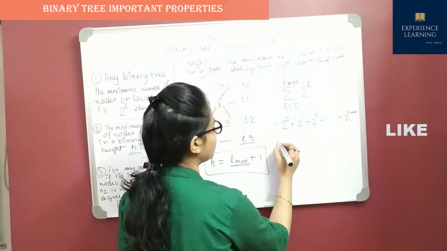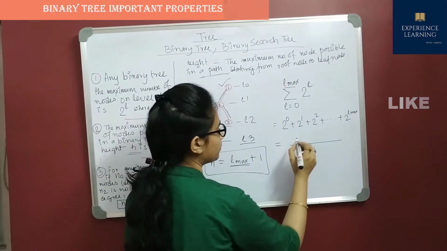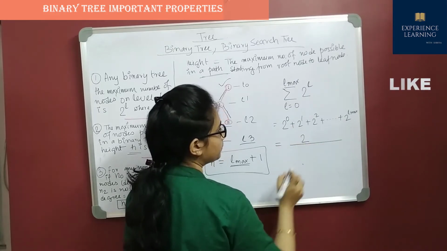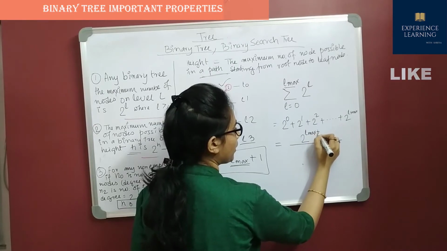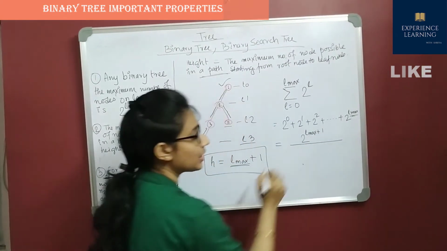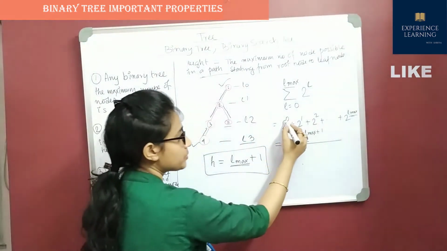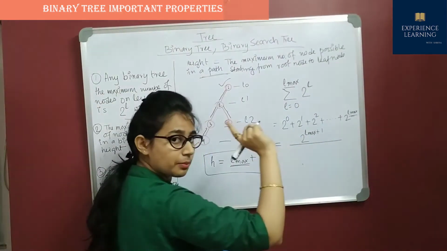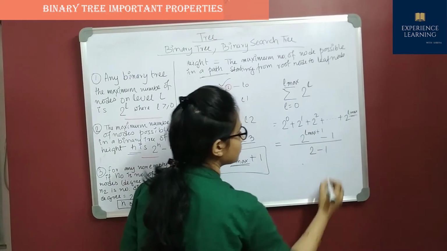And if I apply the GP formula, then it will be 2 to the power L max plus 1, isn't it? Because the total number of terms is L max plus 1, since it started from 0, not from 1. So from 0 to L max, the total number of terms is L max plus 1, minus 1, that is 2 minus 1.